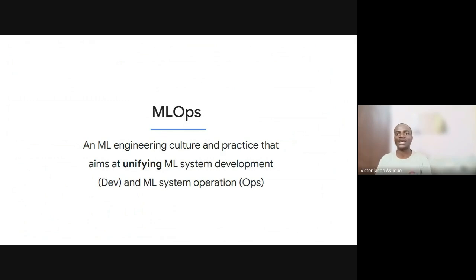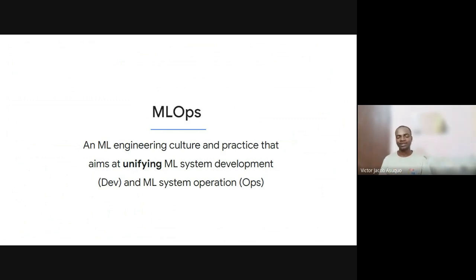We also have another definition here. MLOps is a machine learning engineering culture and practice that aims at unifying machine learning development, that is Dev, and ML system operation, Ops. You want to unify machine learning development and machine learning operation.